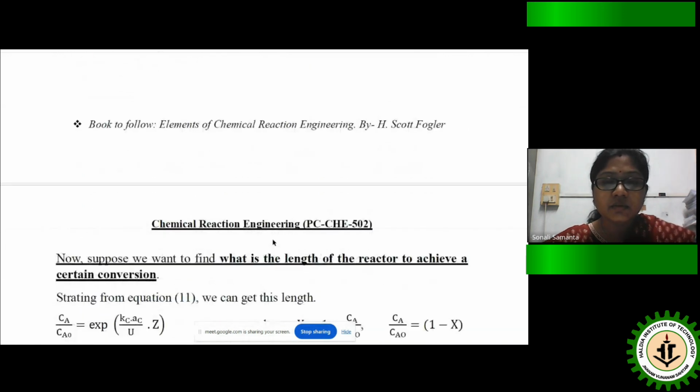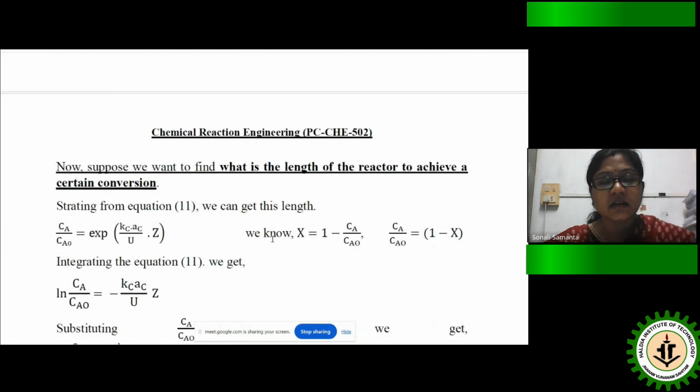Now, after finding the concentration profile, our aim is to determine the length of the reactor to achieve a certain conversion, or vice versa. If the length is given, what conversion can be achieved?